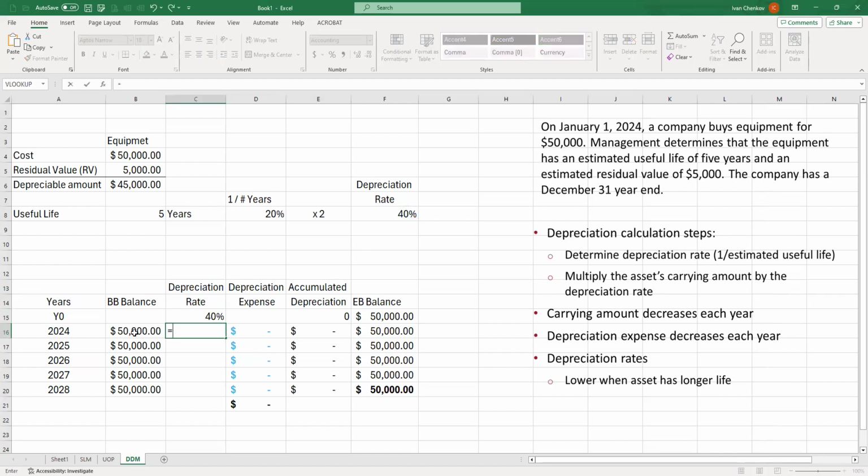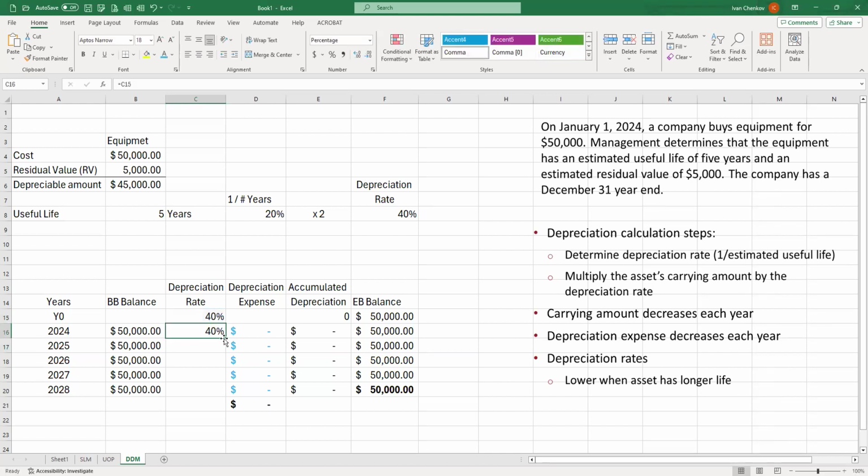So first year, we're going to apply that 40% to the beginning balance of 50,000 times our depreciation rate, which is 40%. First year, we're going to take 20,000. Actually, here the depreciation rate is always going to be equal to this one.